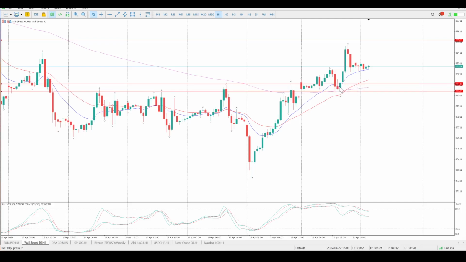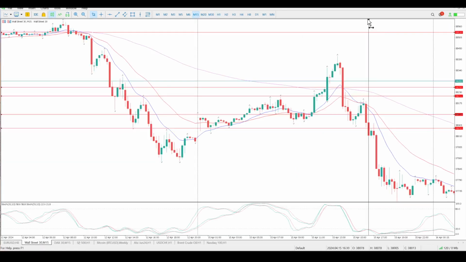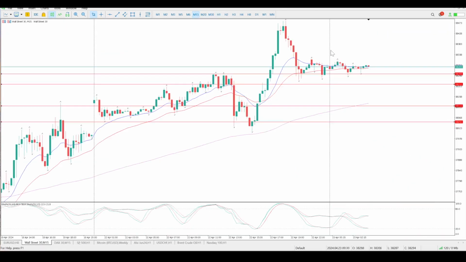So at the moment, I would expect that we are going to look for some structure here. And to find this stuff is not going to be easy because we're balancing on one of them at the moment, which is 38,255. And I think let's just get down to the 15-minute because that's where the true picture is going to be.